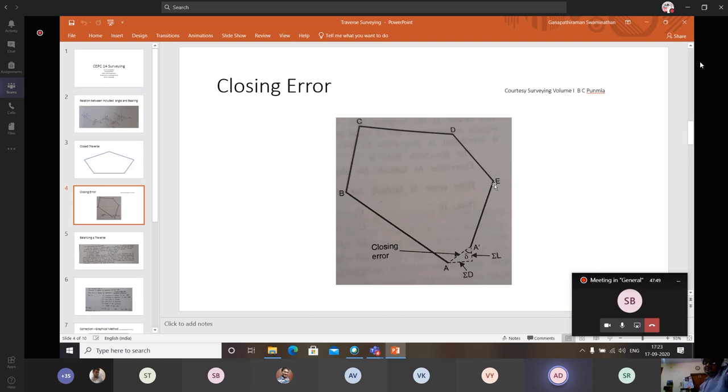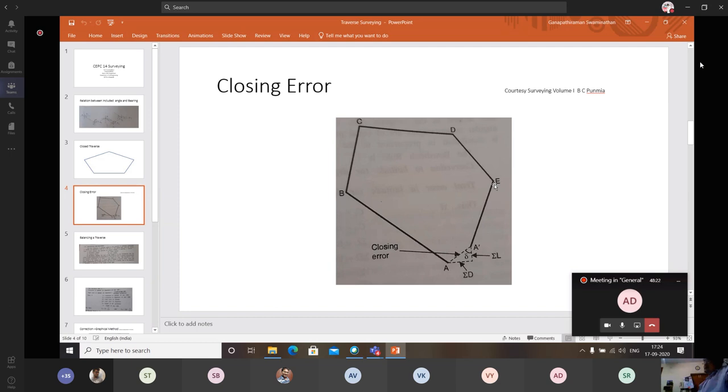L cos delta. Latitude of error is L cos delta; it's A dash cos delta. So the algebraic sum of latitudes equals 0, and the algebraic sum of departures equals 0. Suppose I get the algebraic sum of latitudes negative, and the algebraic sum of departures negative.